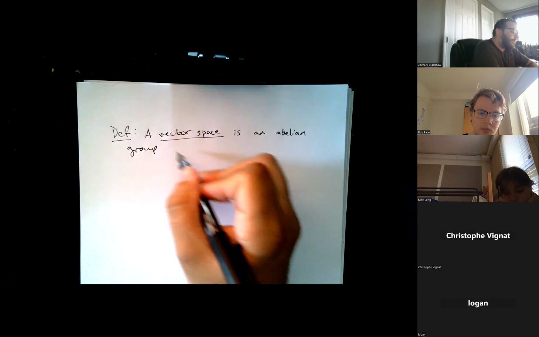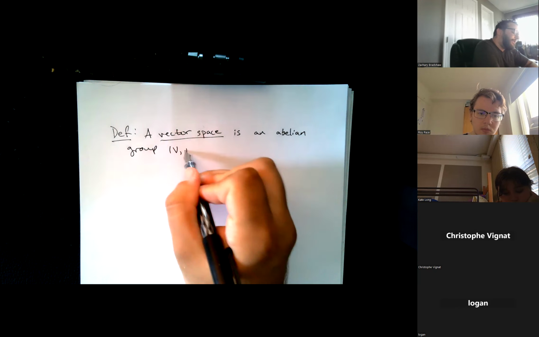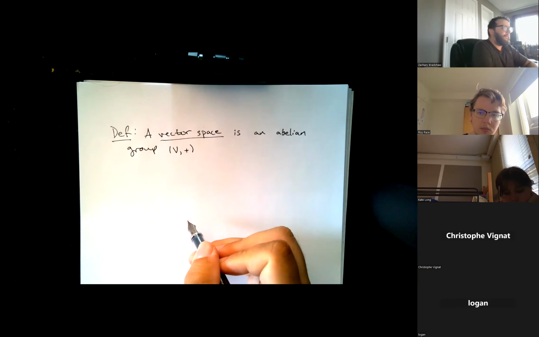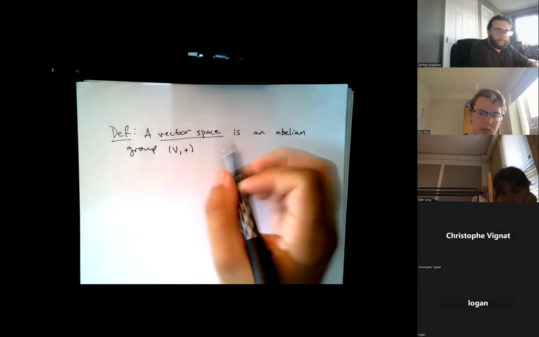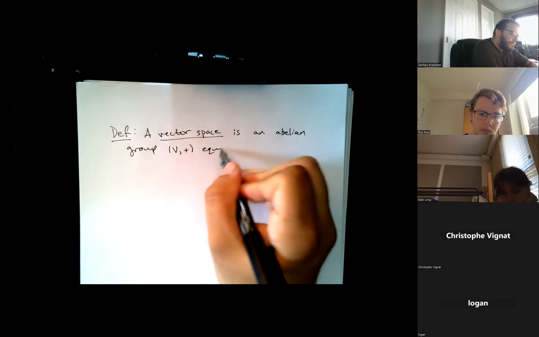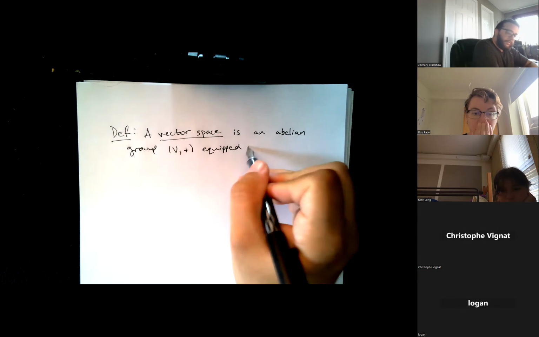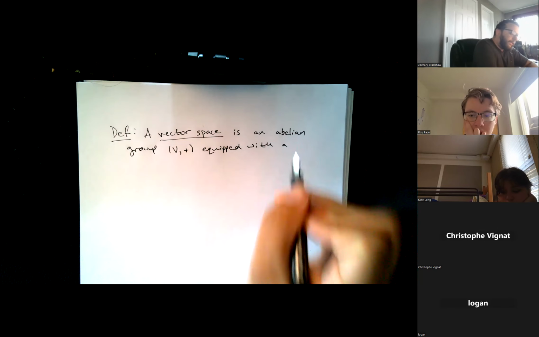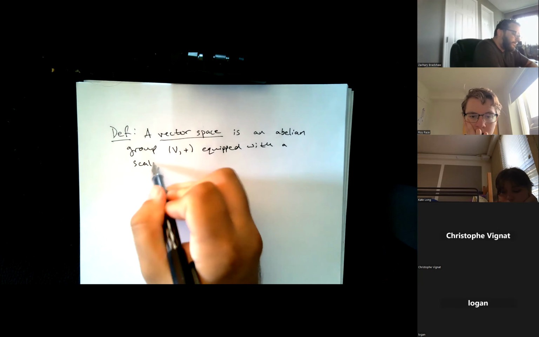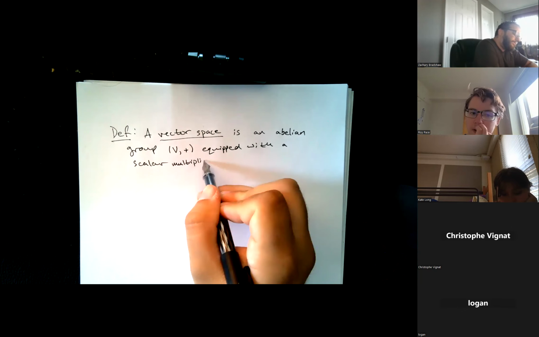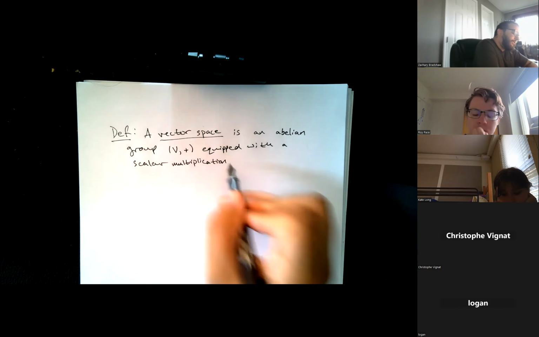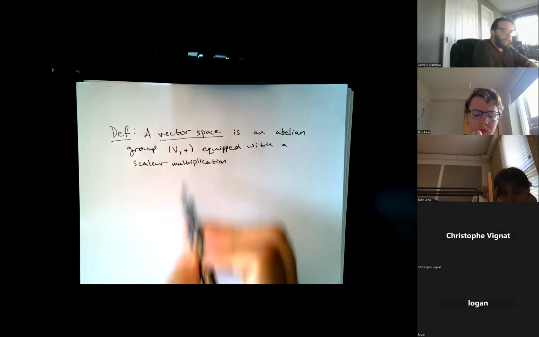Instead of calling it G, we're going to call it V. So it's a group and the operation is addition, well, vector addition. This is equipped with a scalar multiplication. So it satisfies all of the properties of a group with respect to this addition operation.